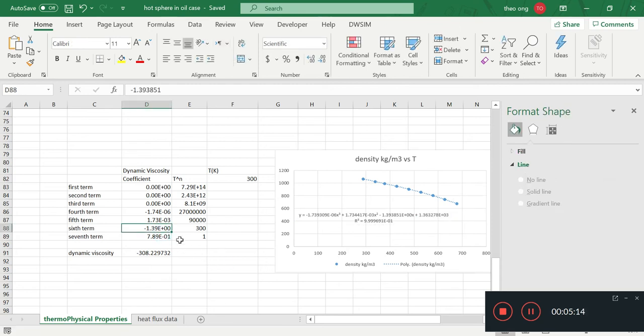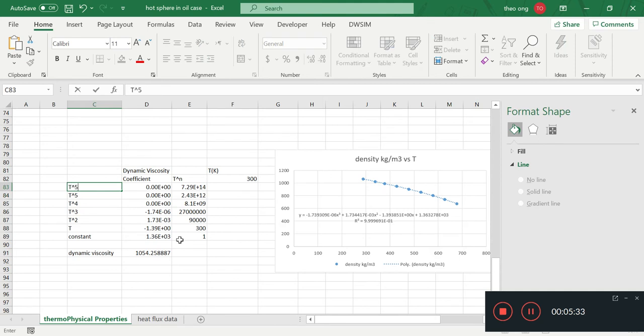Okay, so I'll just copy and paste here. I think instead of naming this, I will just do t squared, t cubed, t4, t5, t6. I think that's easier to identify.